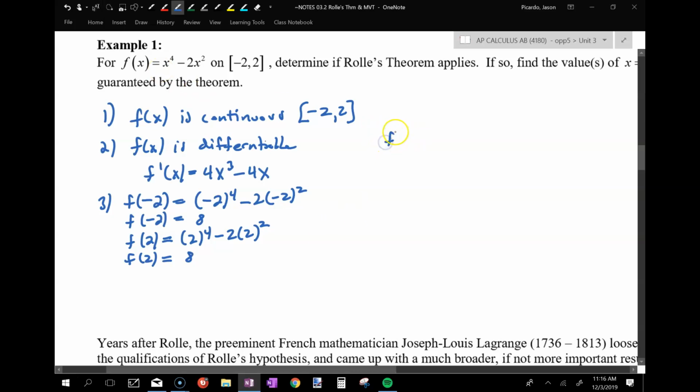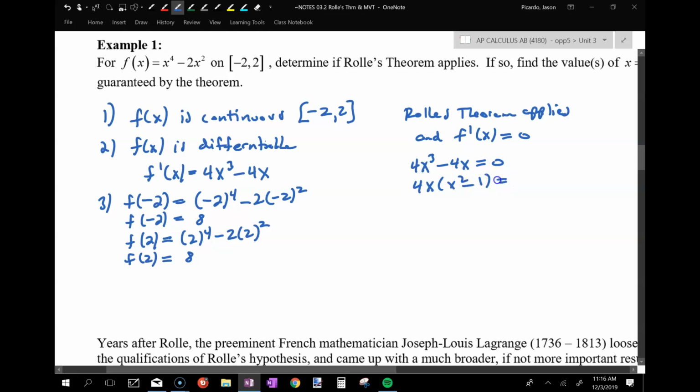So Rolle's theorem applies, and there has to be a point where that's true. There's actually 3 of them.